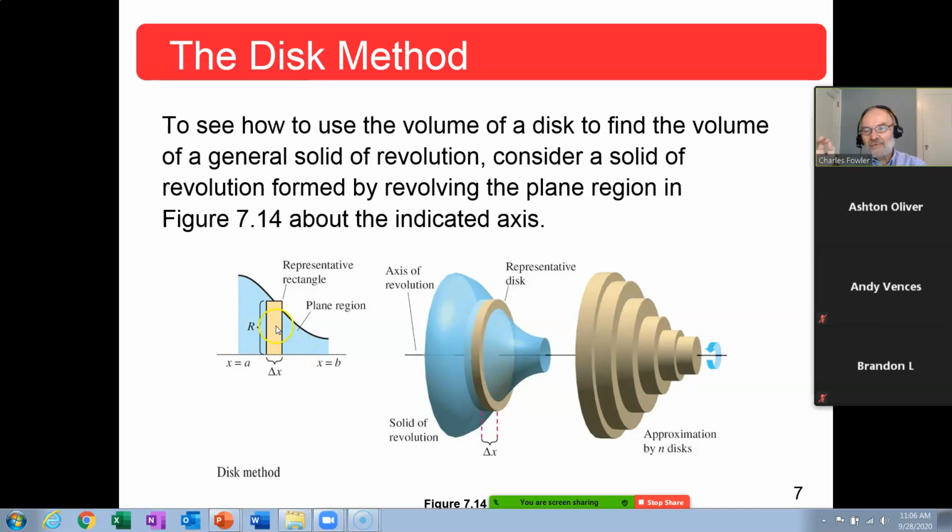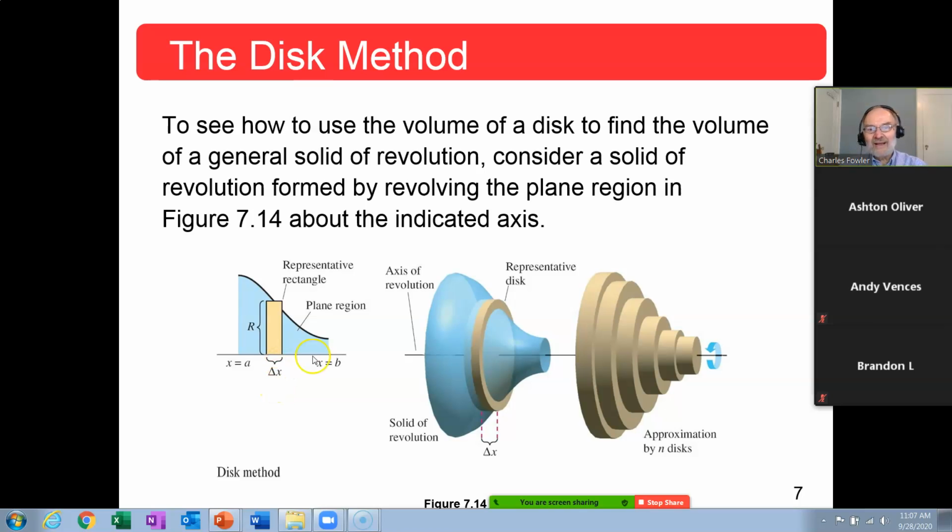Now we're just going to look at one of those volumes, this little rectangle. We pick the midpoint of that rectangle. That f of x at that point is the height above the axis, so it's f of x minus whatever the axis value is. That's your radius. Your thickness is going to be your delta x.